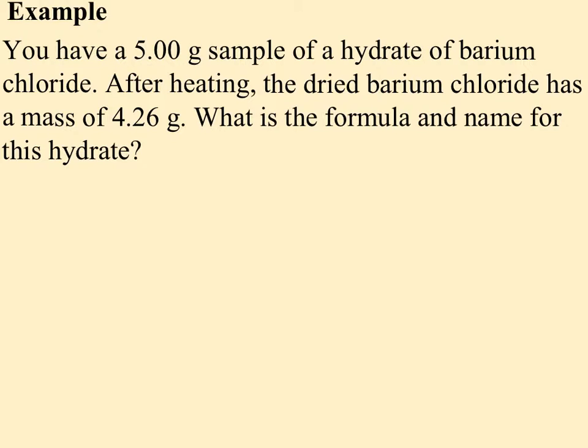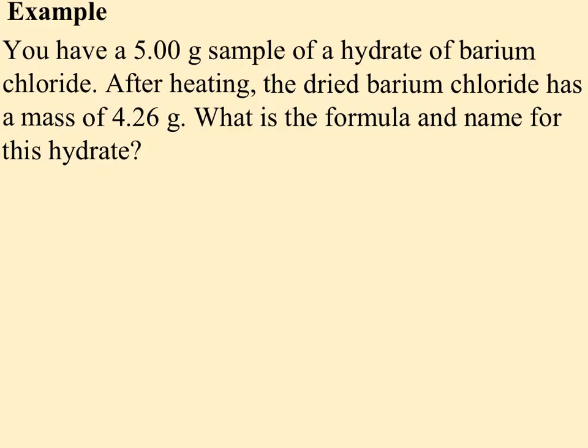So this molar mass, 137.33 plus the 2 chlorine, is 208.23. So 1 mole of barium chloride is 208.23 grams. So this is also a very small amount, 4.26 divided by 208.23. This is only 0.0206.